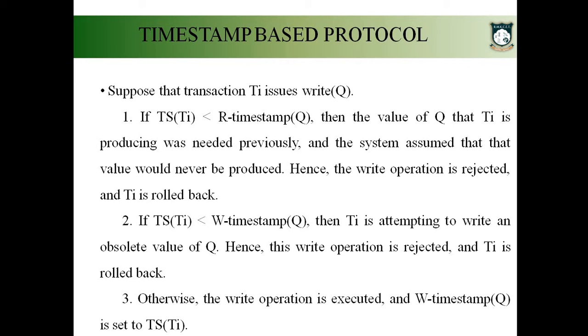Suppose the read timestamp value of the data item is greater than the timestamp value of that particular transaction, then it means you are trying to write a value, but a transaction which started after this transaction has already read that value. So in that case, we have to roll back the requesting transaction. That is what happens.